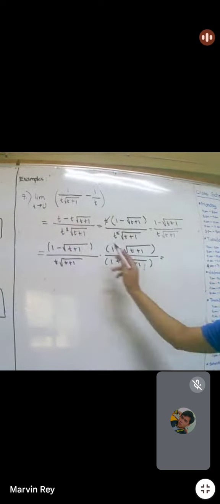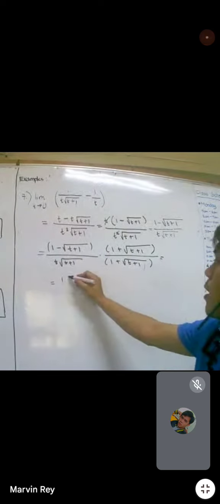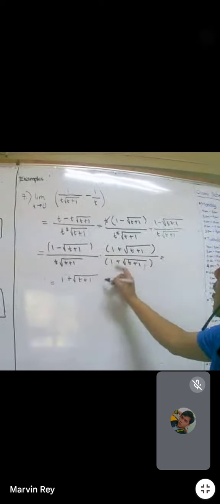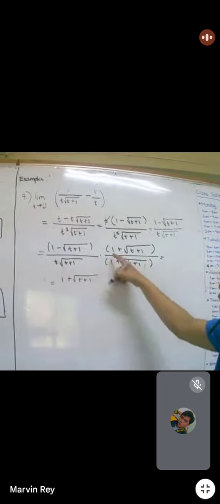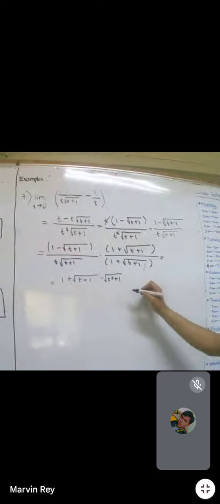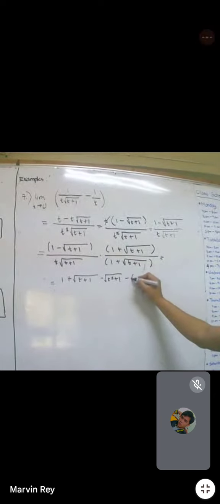So, simplify. 1 times 1, 1. Then 1 plus square root of t plus 1. Negative square root of t plus 1. Then, negative times positive, so negative what? The value of t plus 1.